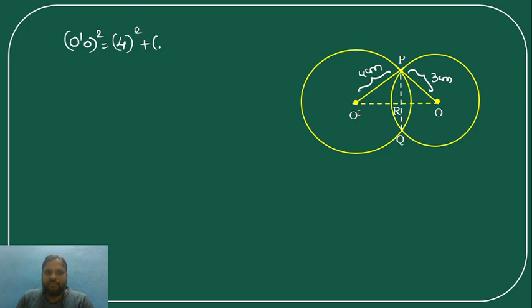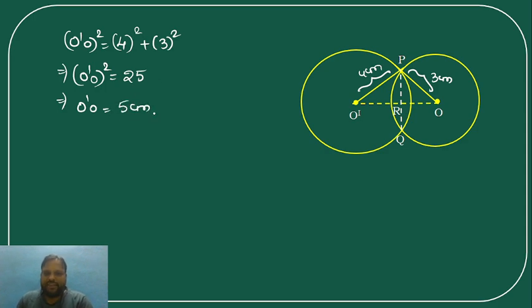Right. So this is 4 centimeters and this is 3 centimeters. Here O dash O whole square is equal to 4 square plus 3 square. So O dash O whole square is equal to 16 plus 9, 25. So O dash O is equal to root 25, that is 5 centimeters, plus or minus.